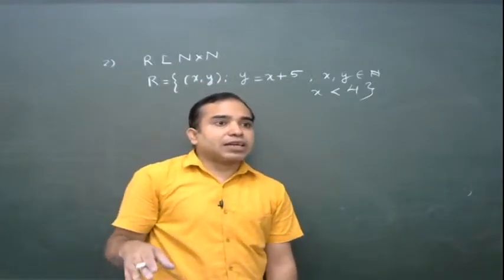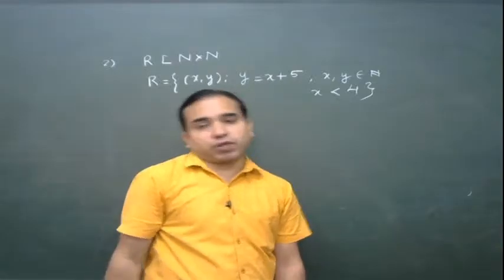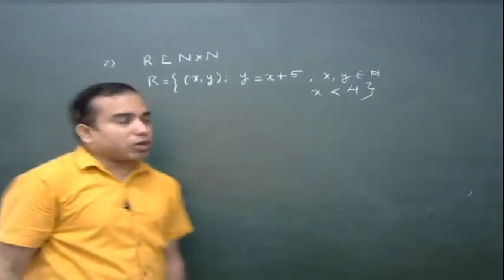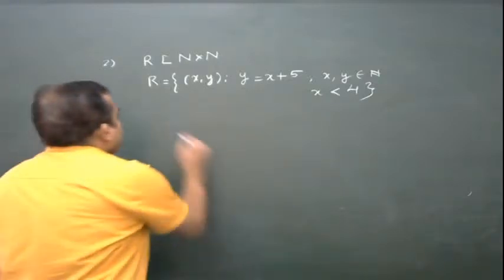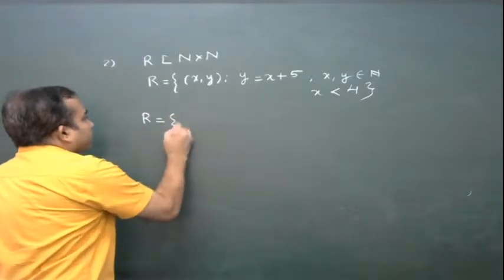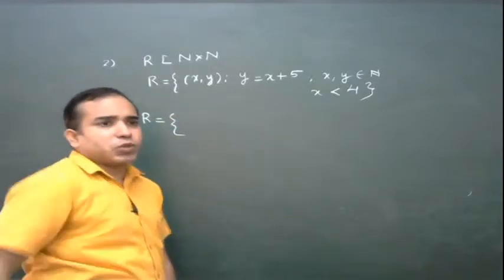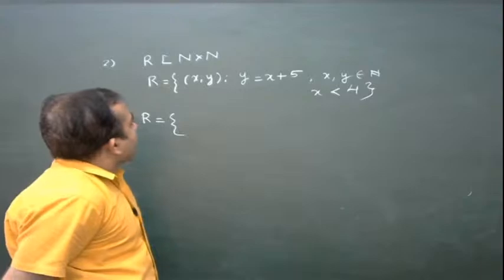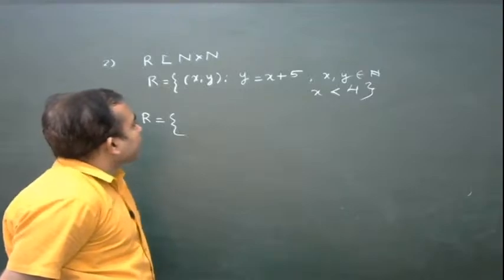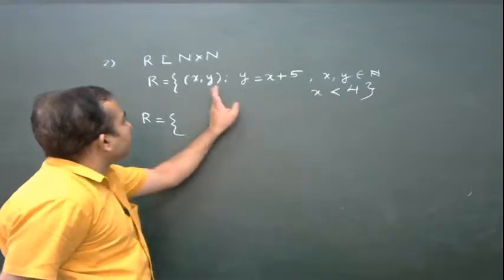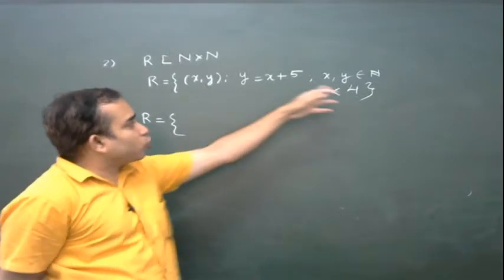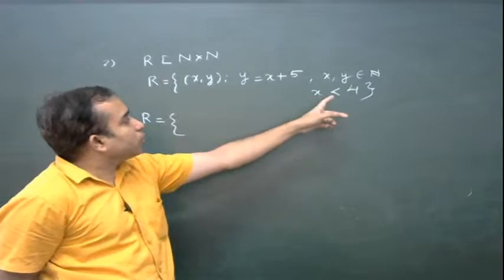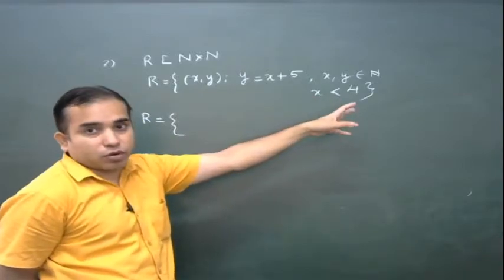Then they are asking to depict the relationship using roster form. Again they are asking us roster form. So, let us find out its roster form. I will write and you tell me whether it is right or not. Y equal to x plus 5, the second element is 5 more than the first element, and the elements are natural numbers, and the first element should be a natural number less than 4, meaning up to 3.